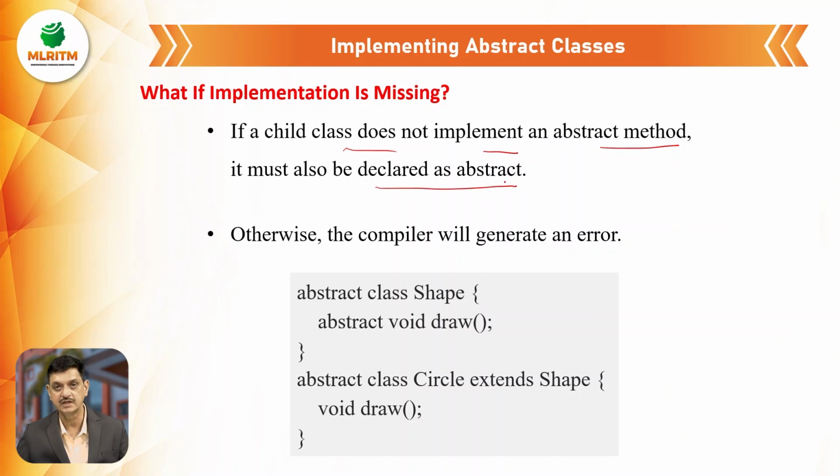If the child class is unable to provide definitions from its parent abstract class, the child class must be declared abstract. That means at the next level, whatever child class is created from this child class must provide the implementation. Then only that child can be instantiated, or objects can be created from it.